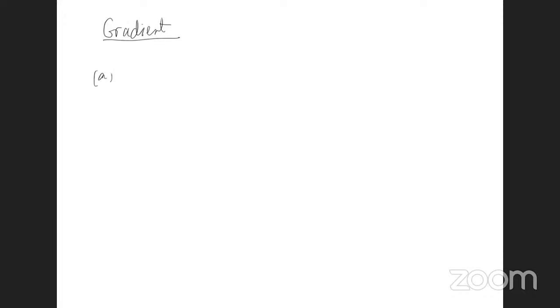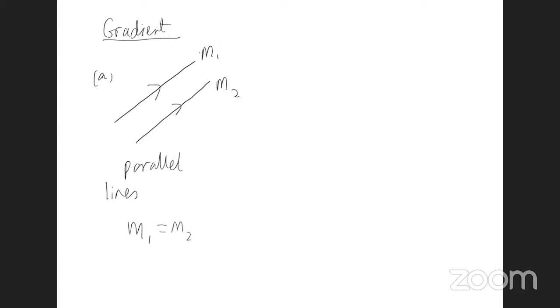Rule 1, if you have parallel lines, gradient 1 and gradient 2, both gradients are equal.